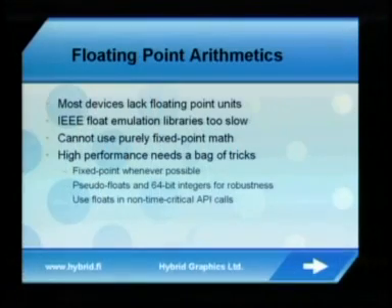Handling floating point is another tricky issue because, as I said, there are no FPUs present on most of the devices. This is also starting to change a bit, but a majority of them still don't have those. And the libraries that you get with your platform are typically so slow that they just aren't really usable.